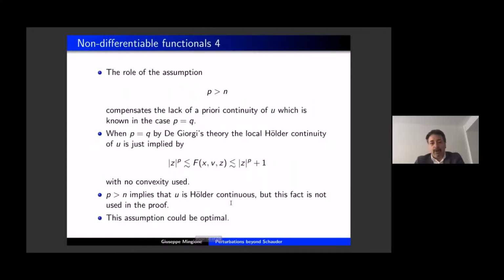Now, this is a brief summary of what I was saying before. In the classical case, we know that under these assumptions, B is a bit Hölder continuous, and then we can go for the rest. In the non-uniformly elliptic case, Nottingham shows you this, and then by some analogy with the vectorial regularity theory, we have to assume that P is larger than N. That guarantees a bit of Hölder continuity of minimizers.